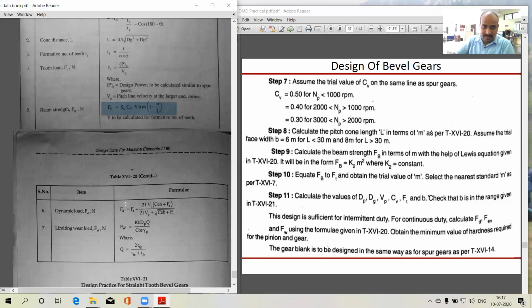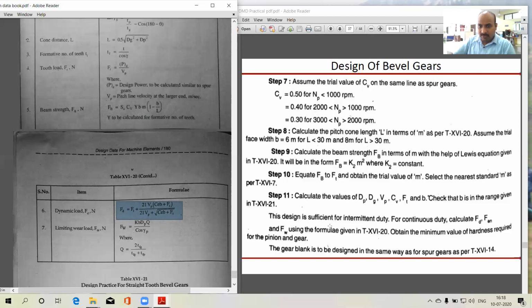For calculating the dynamic load, you can have the same process. We have to follow the same process which we discussed in the helical gear and spur gear, where we have to calculate VP. VP is also calculated here, where C, E error, permissible error, B. Accordingly, you have to calculate FD. Accordingly, you have to calculate the wear load.